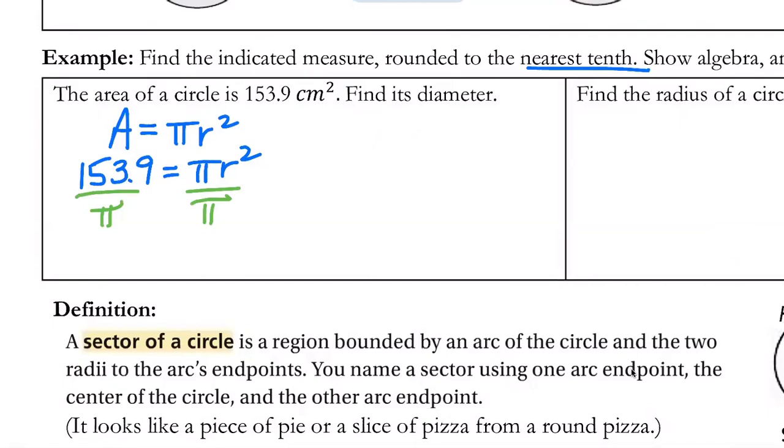153.9 divided by pi. There is a pi button on a scientific calculator. You probably have seen it before. On a graphing calculator, it is second function, the orange button, and then the little caret key that's directly above the blue operation buttons on the right middle side of the buttons. It's the little upward arrow key.